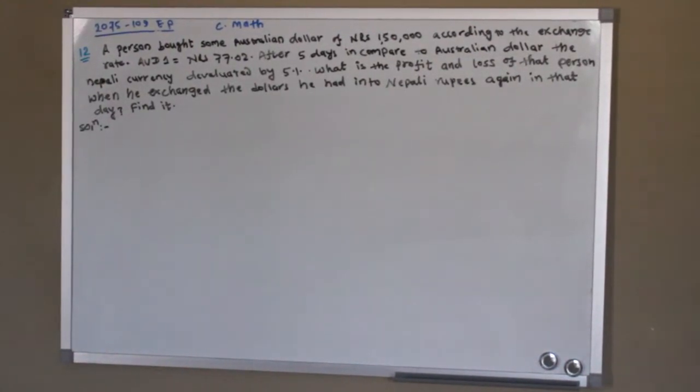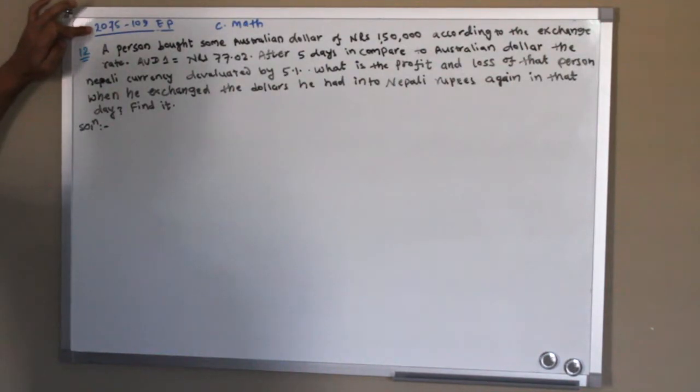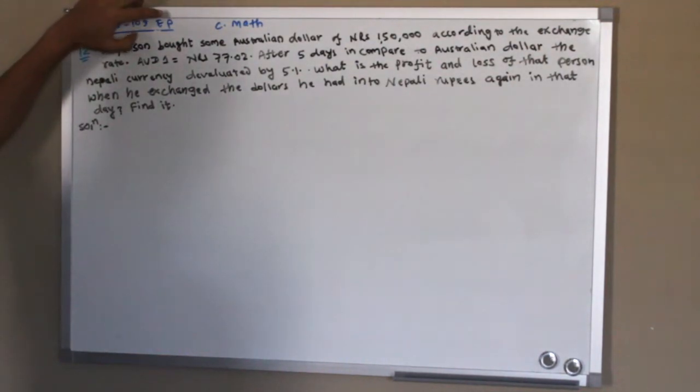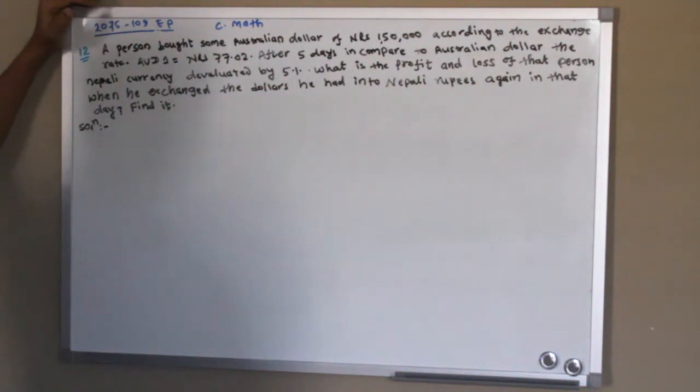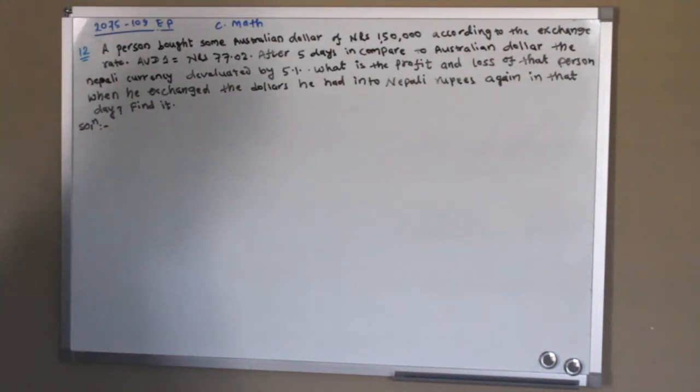All right, this is question number 12 from exam 2075 EP, 109 EP. Let me read out the question first. Our person had some 1,50,000 rupees, and he bought some Australian dollars with that amount.